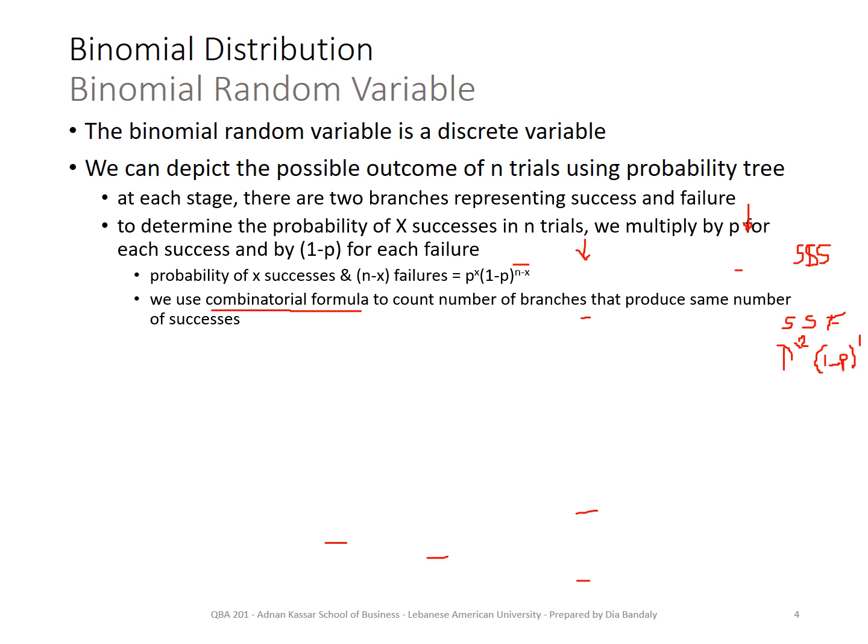So for the probability of 2 sales, we added the probabilities up. This is what we mean by the combinatorial formula, to find the final probability of the same number of successes, which will give us the final formula for a binomial random variable.